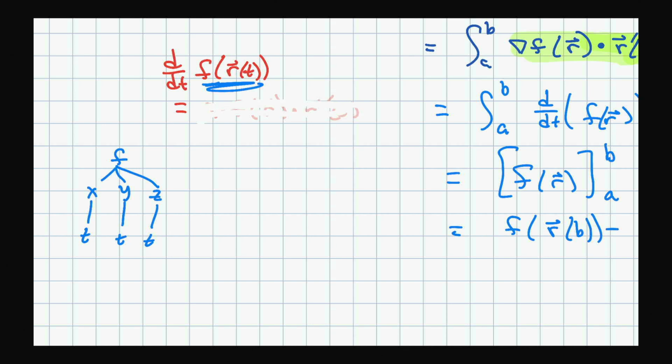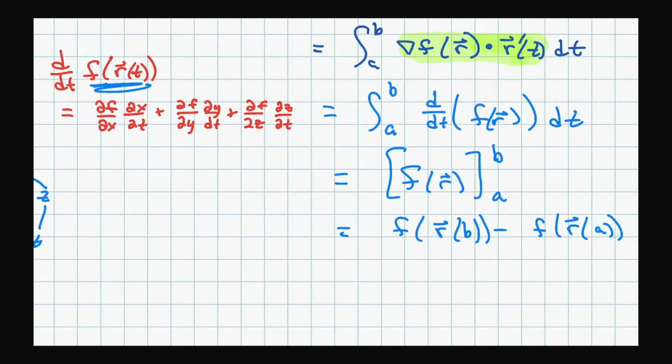So if you were going to do this derivative d/dt of f of r of t, it's going to be the partial of f with respect to x times dx/dt, plus partial of f with respect to y times dy/dt, plus partial of f with respect to z times dz/dt. And what was I doing with that?